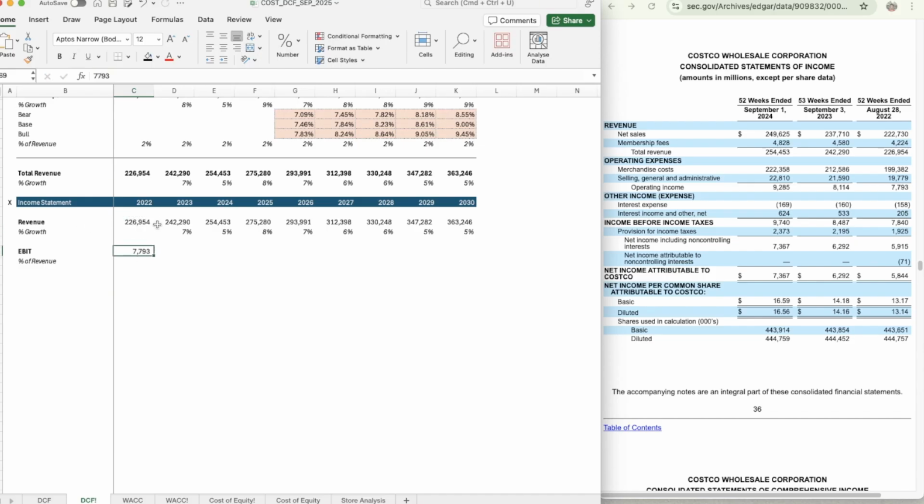Revenue of nearly 227 billion, and in operating income, it's making just under 8 billion. So these margins are tiny. And it's such a competitive space that it's very hard to increase them. 8114.